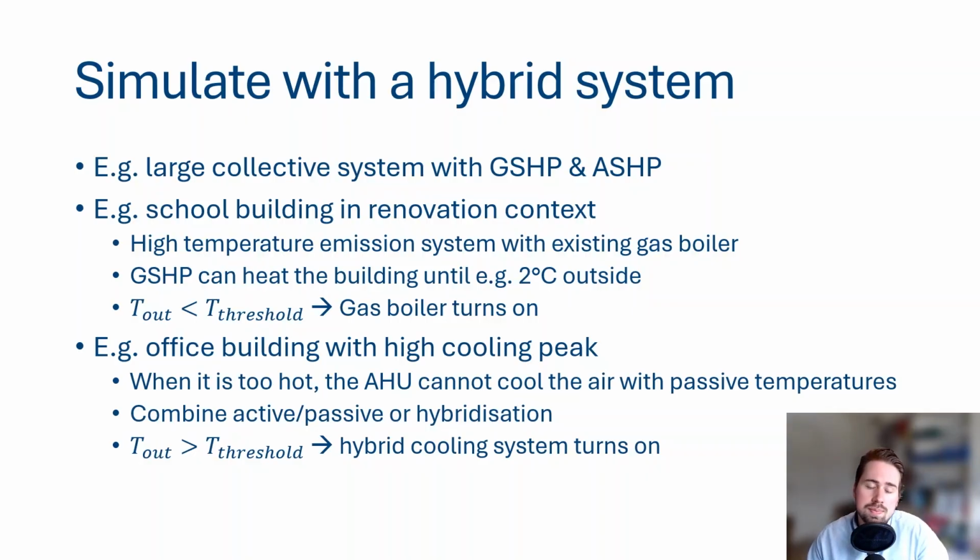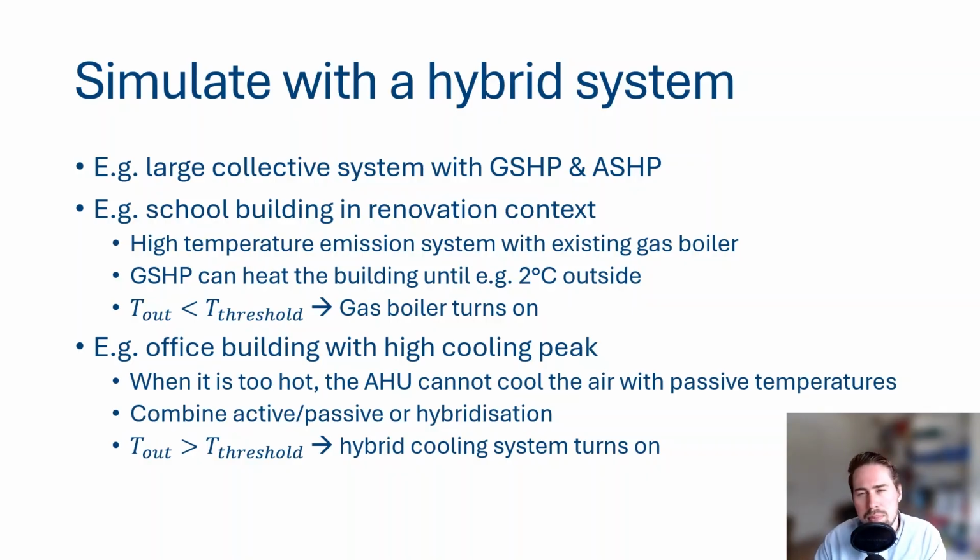So what we can do is opt for a combination of active and passive cooling. That's another story, we discussed that before. Or we can go for a hybridization where we say, if the temperature is, for example, above 22 degrees outside, then our hybrid system turns on and it will start cooling actively. So these are just a couple of examples.